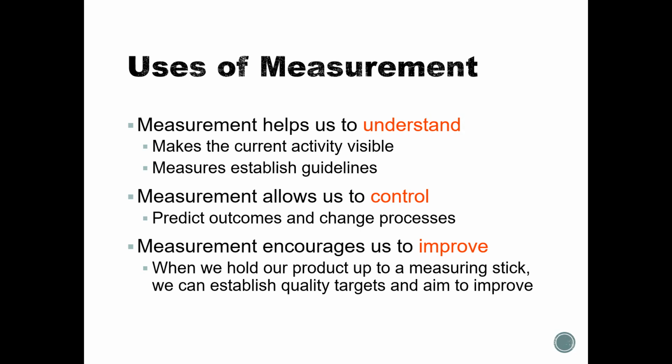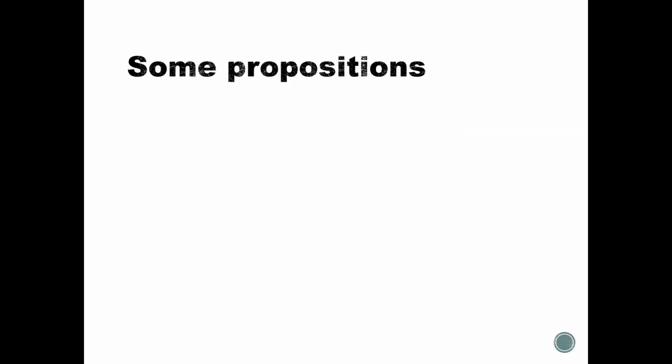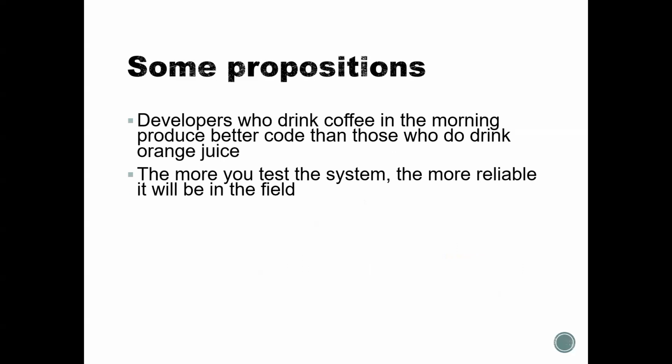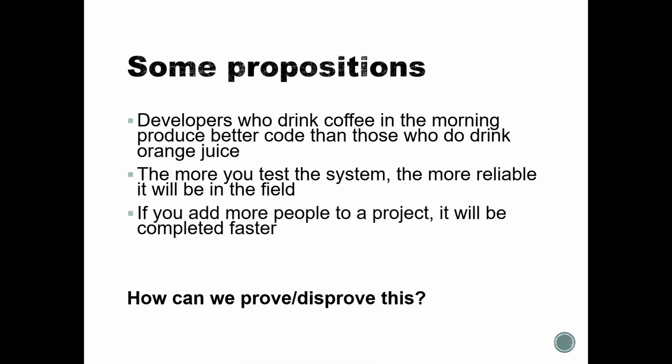So overall, measurement is very important in software maintenance as well as in the different life cycle phases of software development, and it helps you to understand, control, and improve. These are the 3 bullet points that are the main use of measurement. Now, there are some propositions with which you may agree and with which you may not agree.